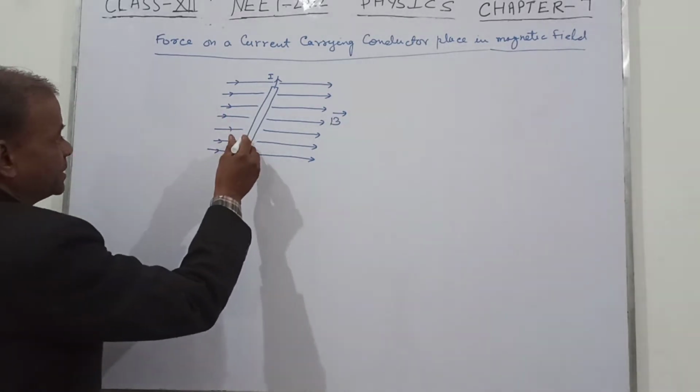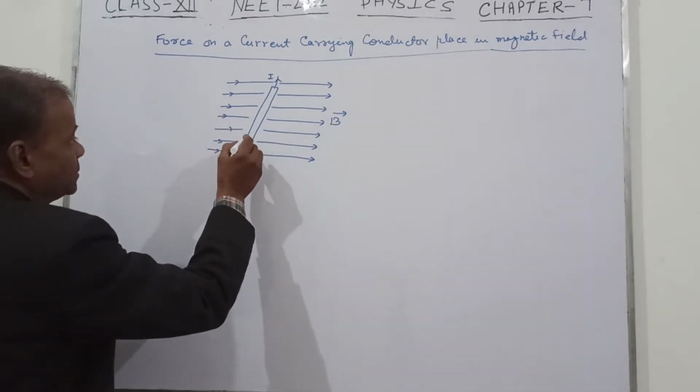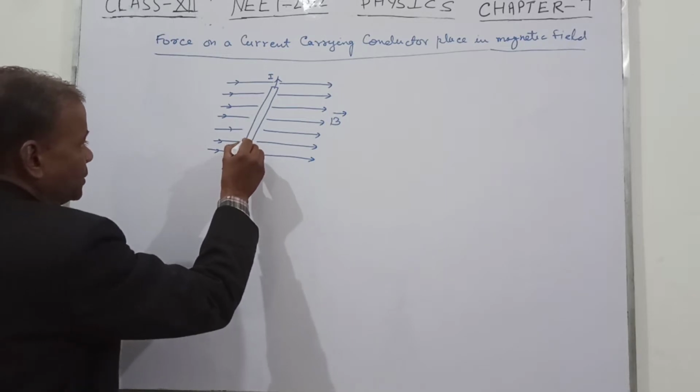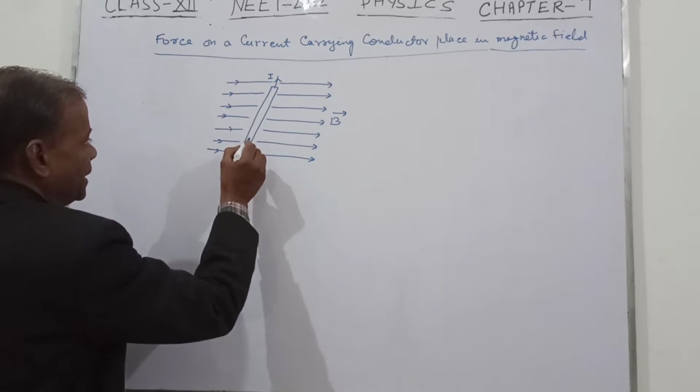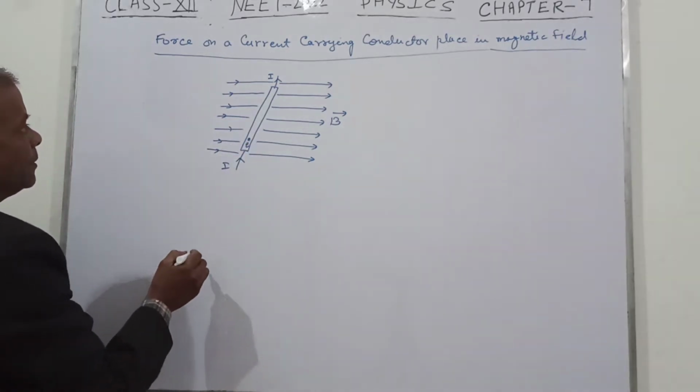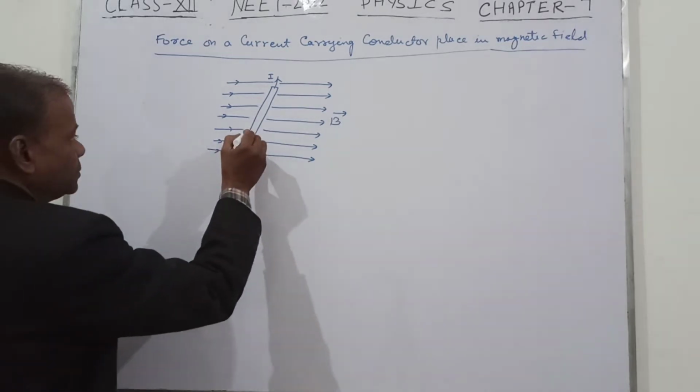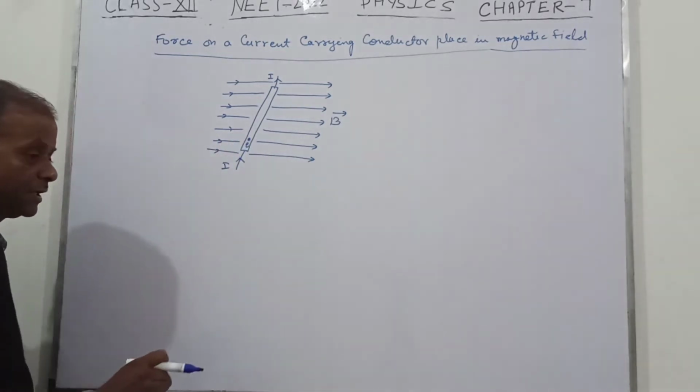This conductor carries a current, so definitely there are electrons moving inside. This is the electron. So the electron moves in the opposite direction of the current.